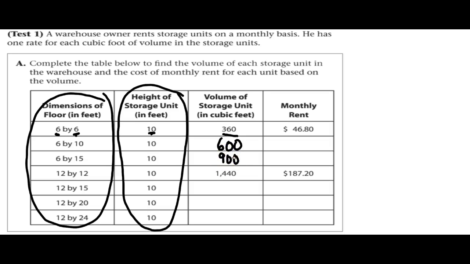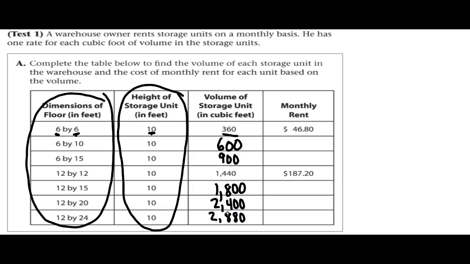Okay, we can skip the next one because the answer is already given to you, but 12 times 12 is 144, times 10, put a 0 on the end of it, is 1,440. 12 times 15 is 180, times another 10 is 1,800. 12 times 20 is 240, times 10 is 2,400. 12 times 24 is 288, so times 10 is 2,880.